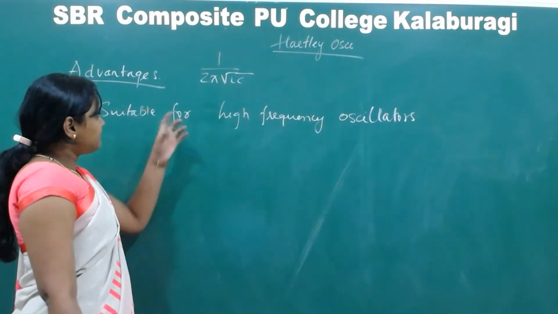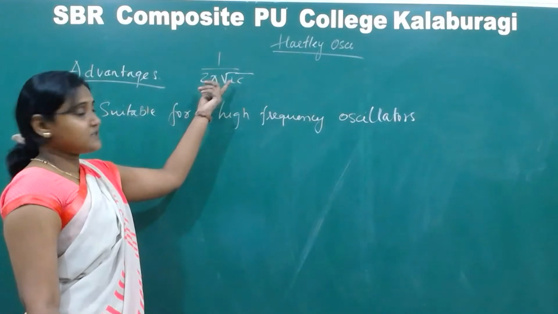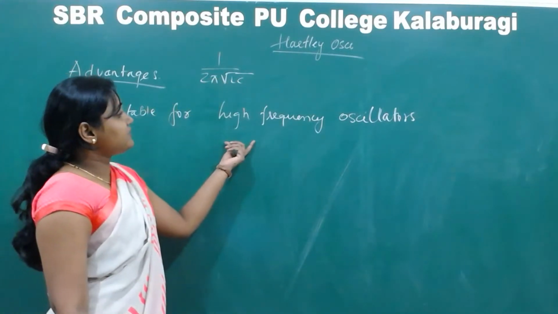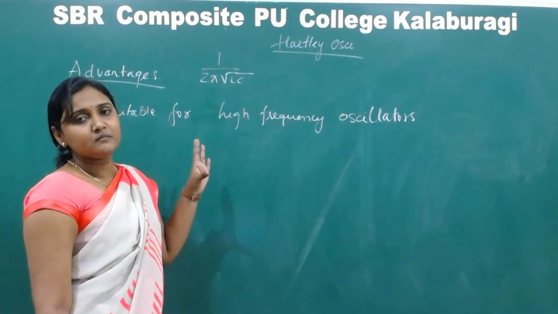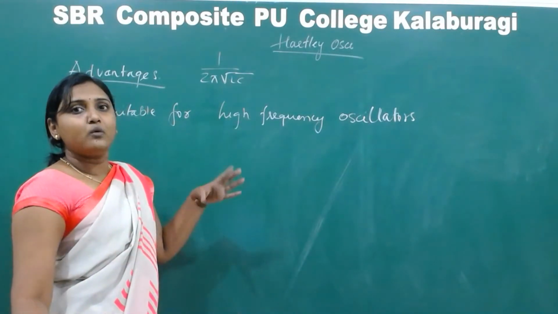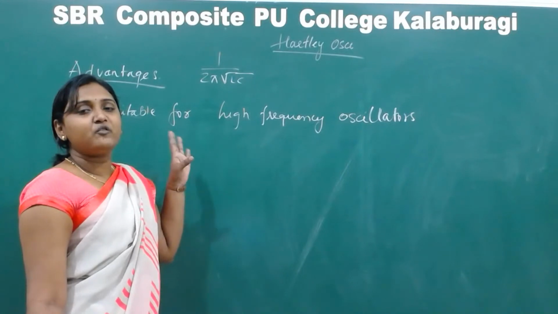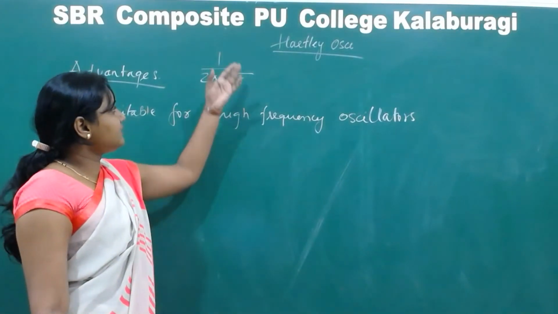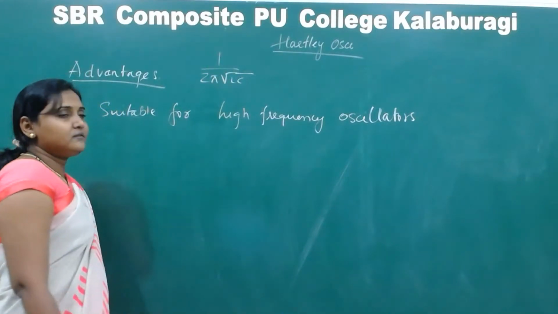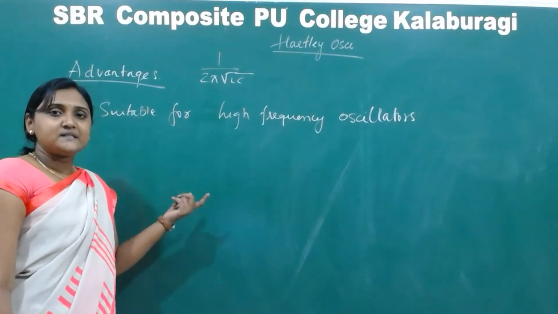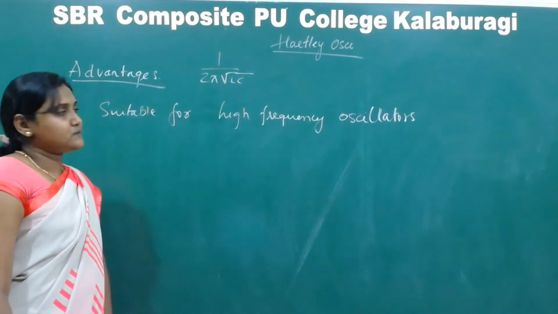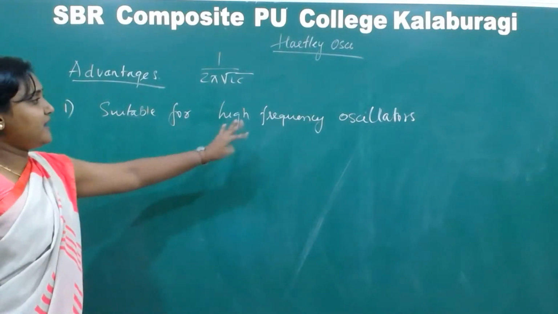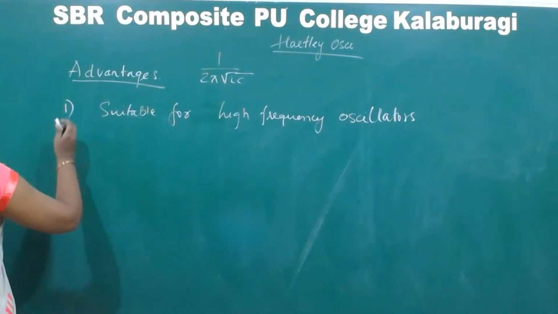That's why we can remember from this expression that it is suitable for high frequencies, because we are using inductors and capacitors having very low values in the form of 10 to the power of minus values, where they move to the numerator to make the value 10 to the power of plus, making the frequency in the form of 10 to the power of positive values. Right? So suitable for high frequencies. Next.